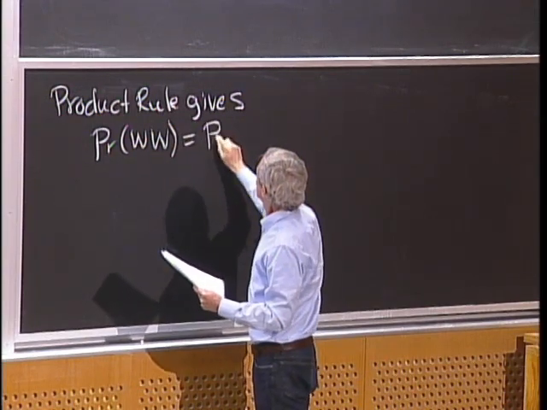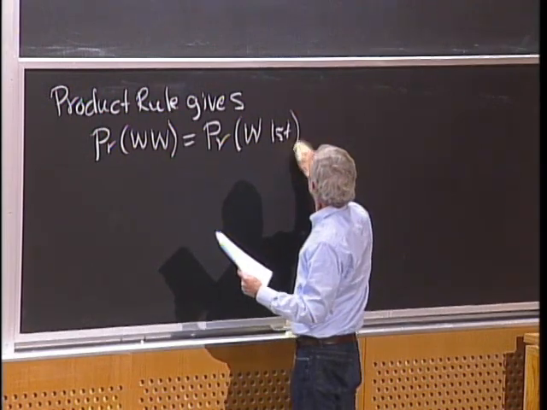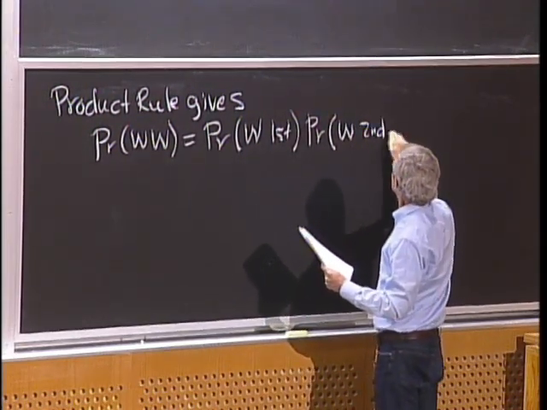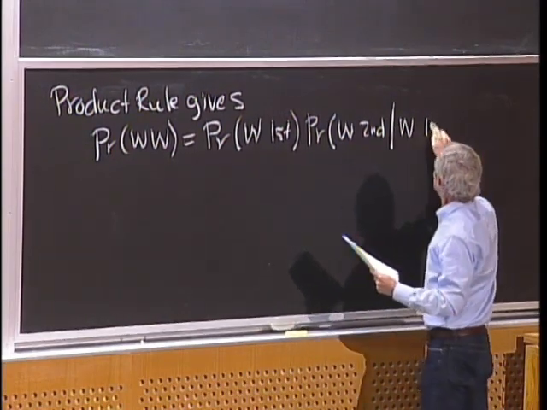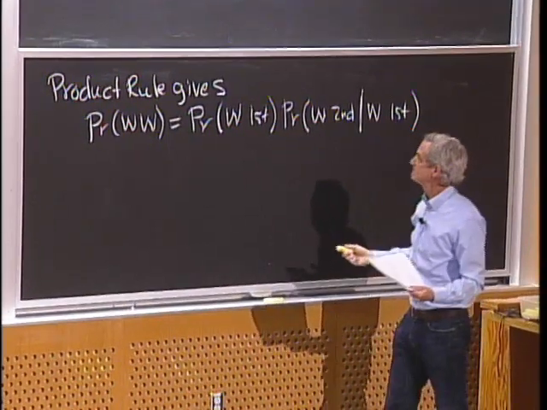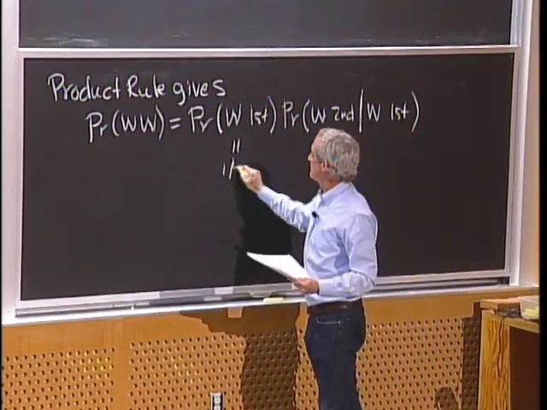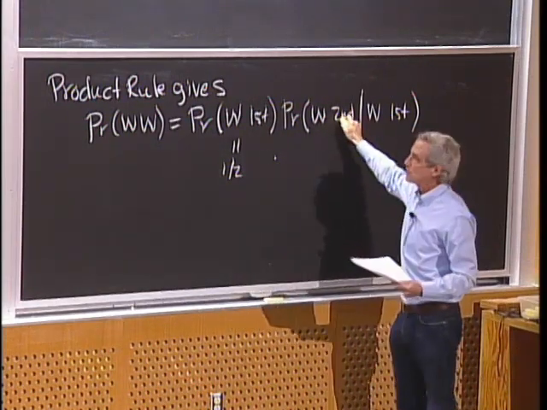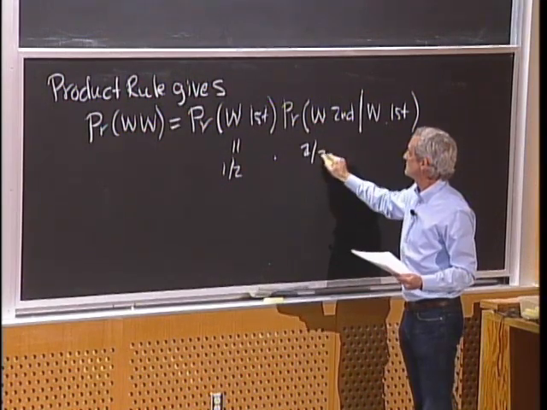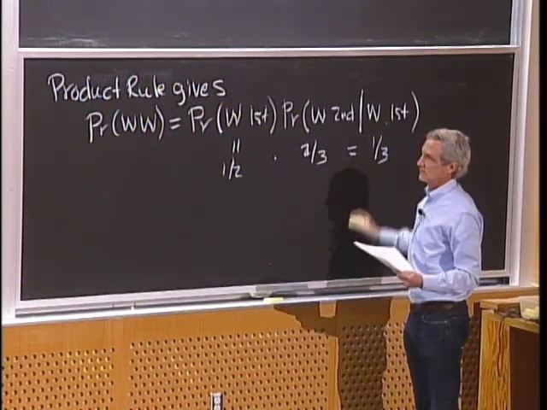By the product rule, it is the probability that I win the first game times the probability that I win the second game given that I won the first game. That's what the product rule says. The probability I win the first game is 1/2 times the probability I win the second given that I won the first, which is 2/3. So that equals 1/3.